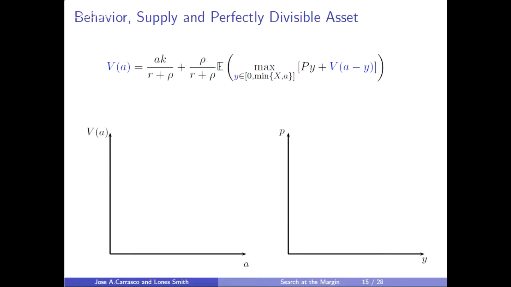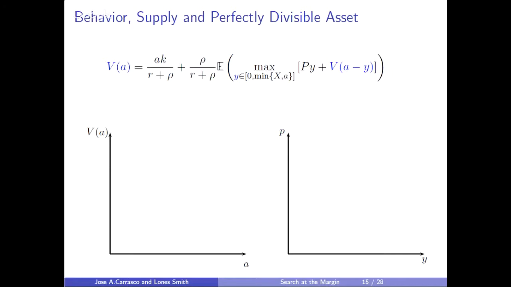And again, if we understand behavior here, same as in the multiple indivisible holdings case, where we needed to understand the reservation prices, here we need to understand the Y, my supply function. How much am I going to sell for at each price?